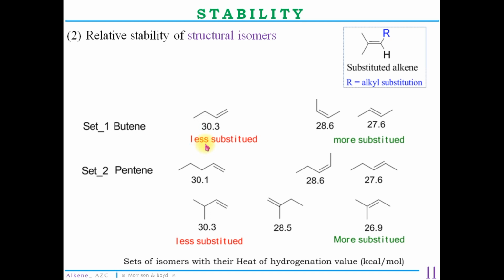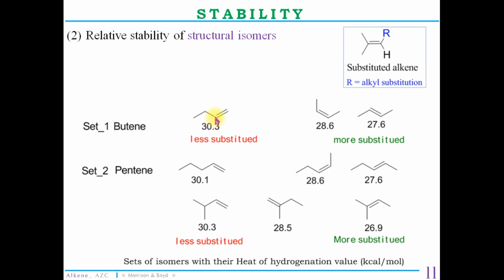Here it is a less substituted alkene, and this is a more substituted alkene. In this example, there are 2 methyl groups present on the alkene, so it is a disubstituted alkene. While in this example, this sp2 hybridized carbon has only hydrogen, without any alkyl substituent, and in this carbon there is an ethyl group as a substituent.